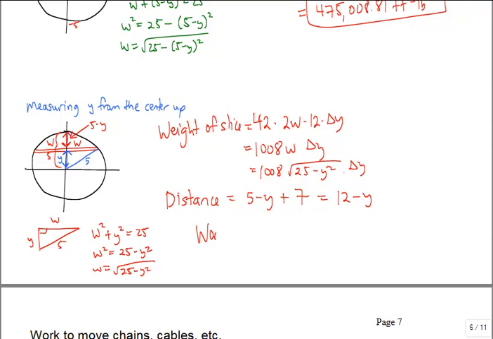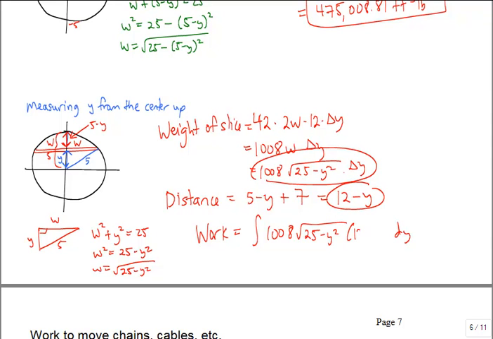So my work integral here would be all of this, so 1008 square root of 25 minus y squared dy times this distance wrapped in parentheses. And the other change that we're going to have is our bounds, because now y is starting at the origin here. It's being measured from the center of the circle up.